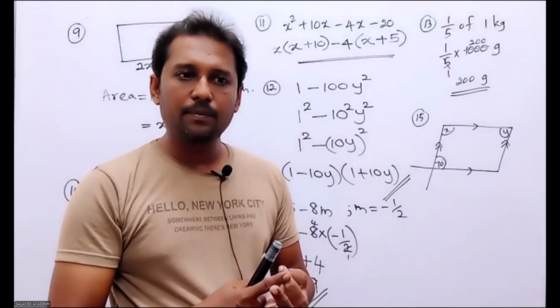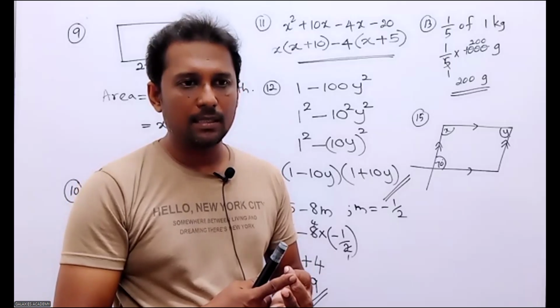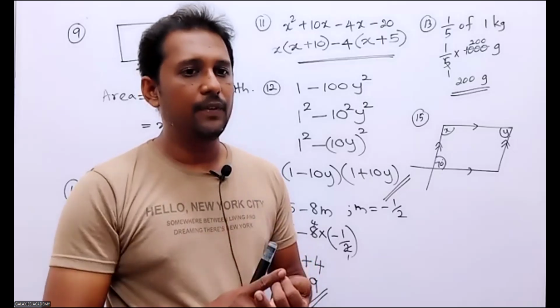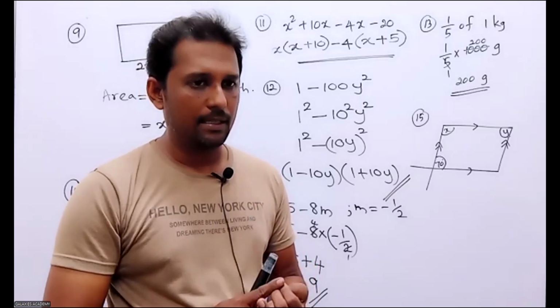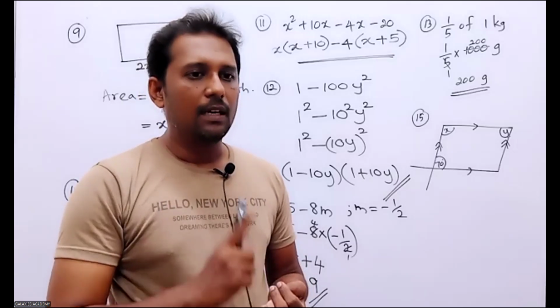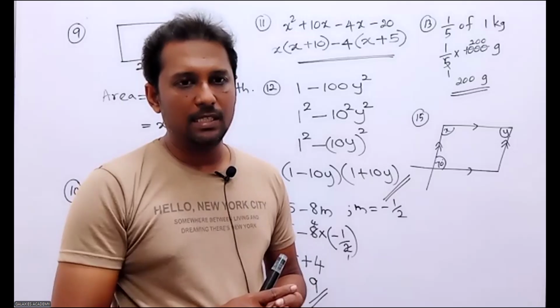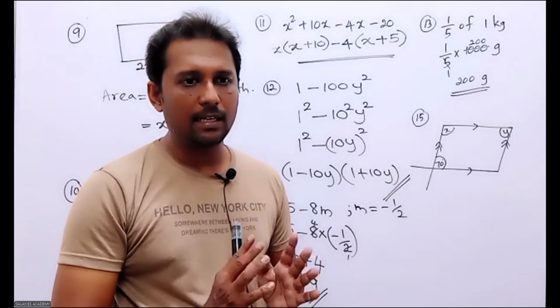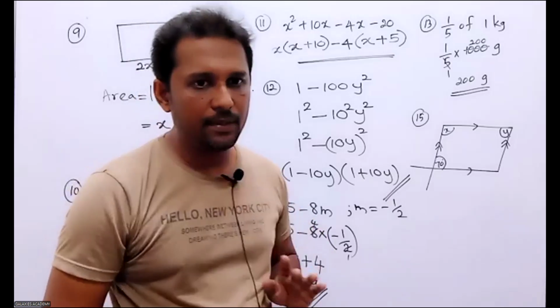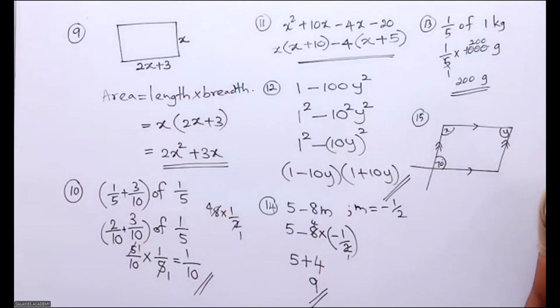Capital F shape, corresponding angles. Corresponding angles are also equal. And another type we can apply, allied angles. Allied angles mean capital C shape. Allied angles sum is 180. Allied angles are not equal. Sum is 180 degrees. Right? They are the theories you can apply.